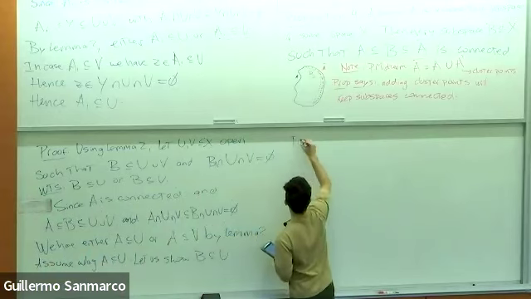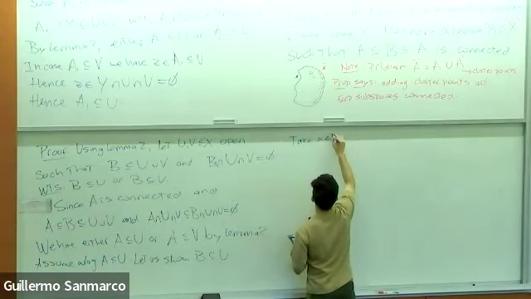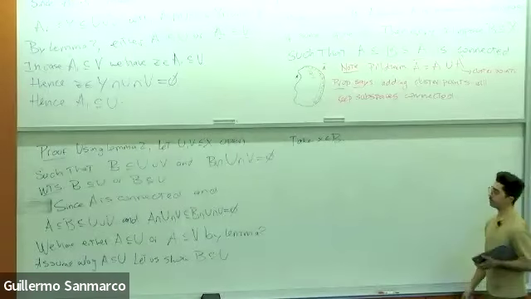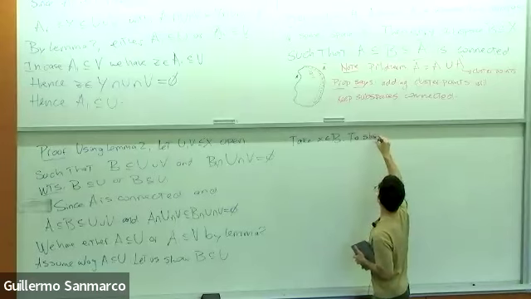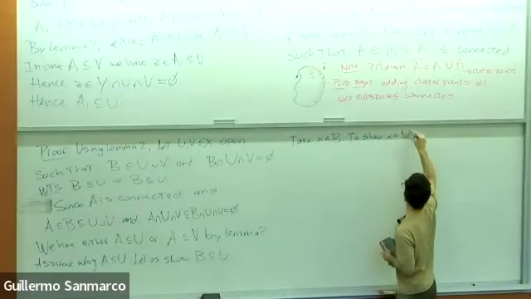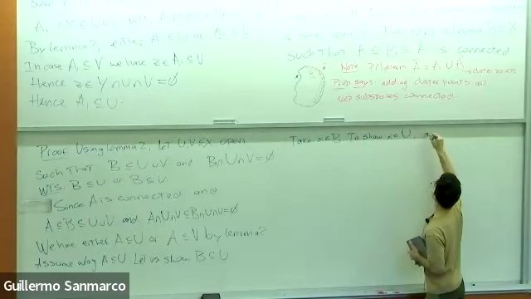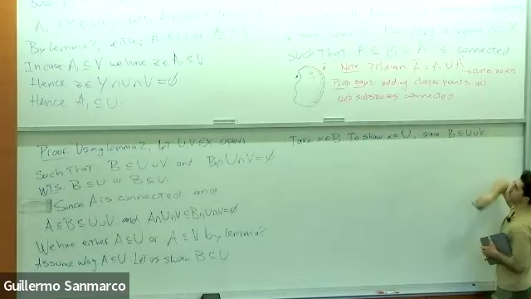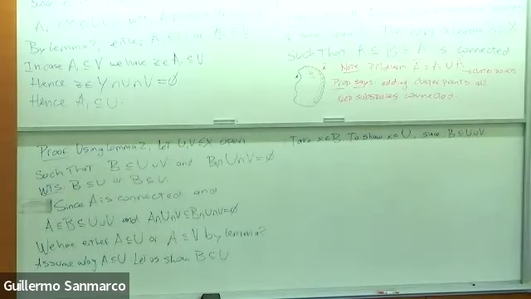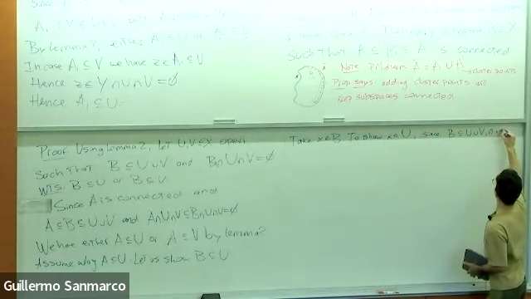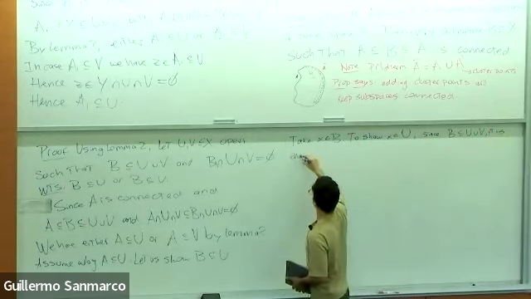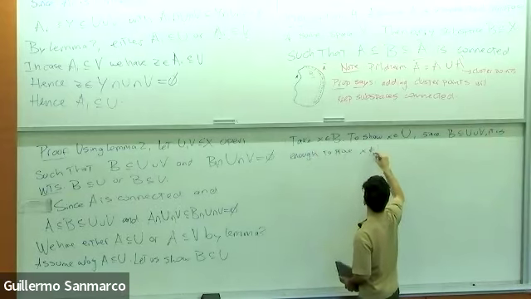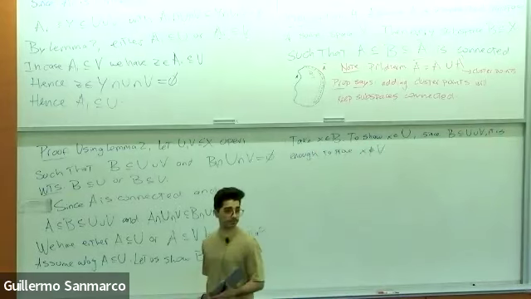So take an arbitrary point X in B. And now to show that X is in our set U, since V is inside of the union, it's enough to show that X cannot be in V. It is enough to prove that X cannot be in V, right?